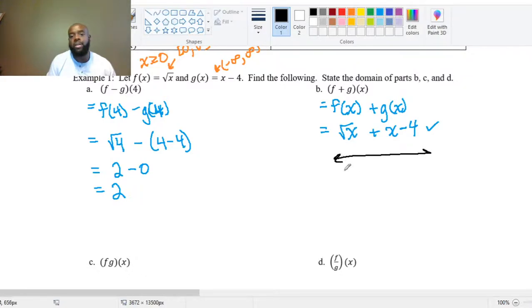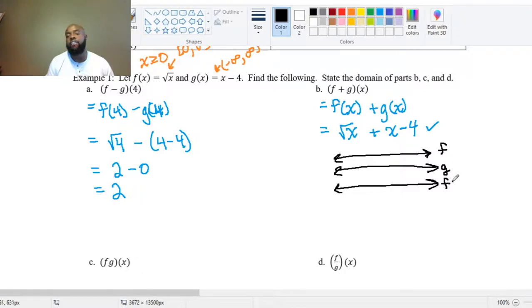I'm going to do 3 number lines, right? This first number line represents f, the second number line represents g, and then the third f plus g. And we're going to look at their domains. The domain of f is from 0 to infinity. So if I put 0 on that number line, I know I'm going to have a closed circle, and I'm going to shade all the values to the right. 0 to infinity, x is greater than or equal to 0. The domain of g is all real numbers. That is my entire real line.